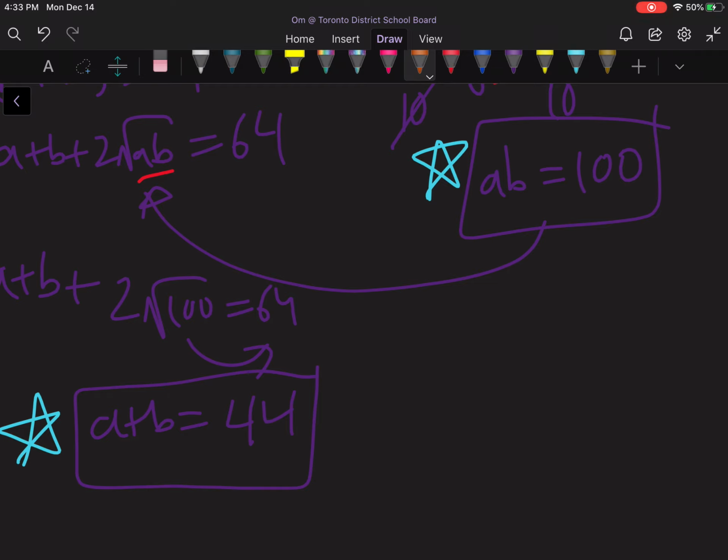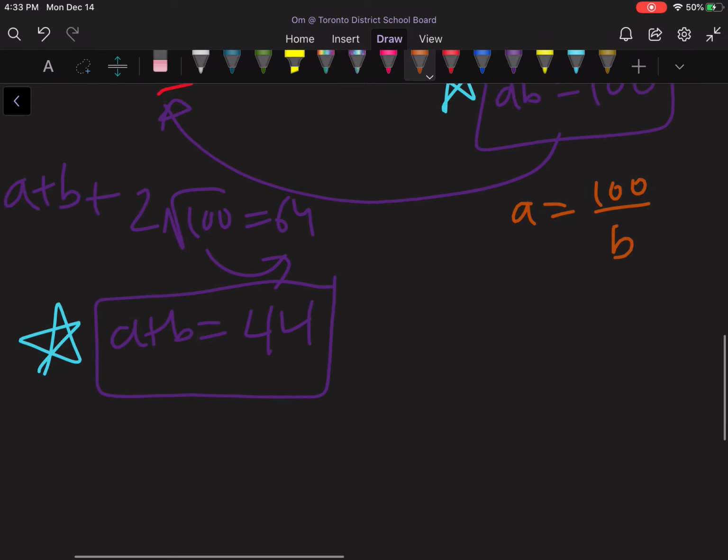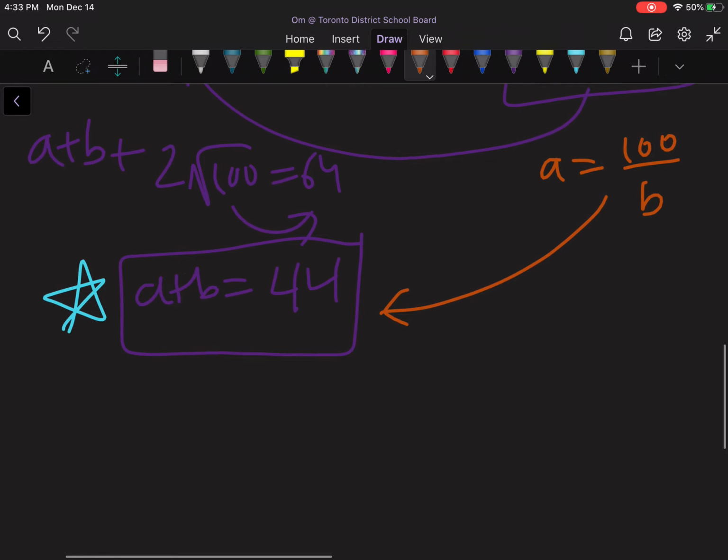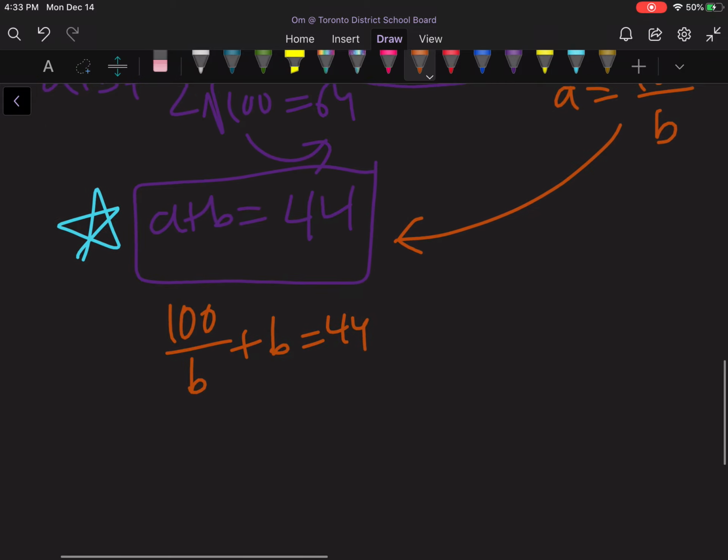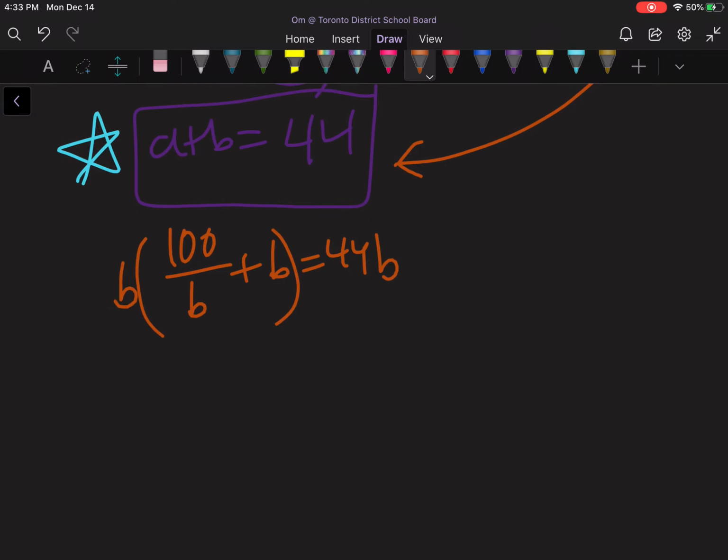From this equation, solve for a. Okay, plug it into our second equation. So we get 100 over b plus b equals 44. Now this, in disguise, is basically just a quadratic, because let's see what happens when you multiply both sides by b. Left hand side we get 100 plus b squared. Right hand side we get 44b.